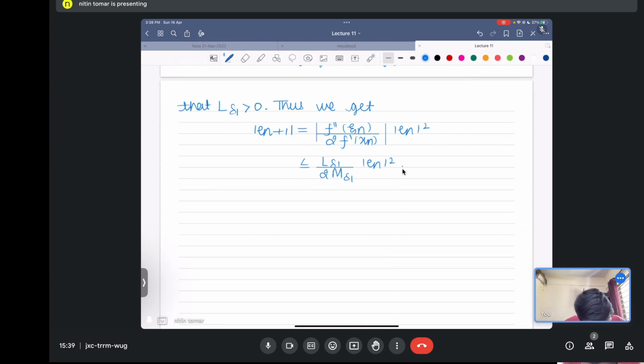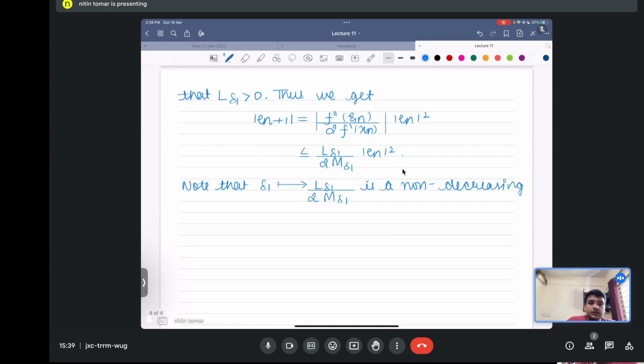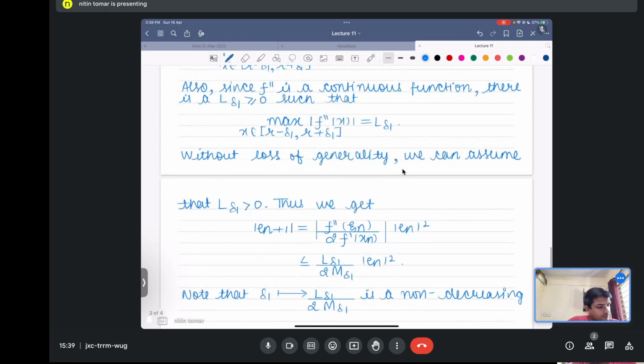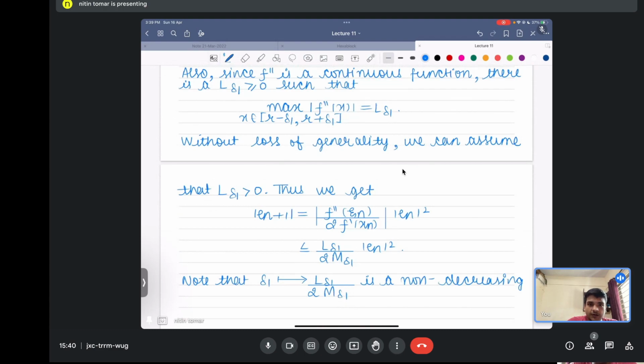So by choosing, you just note that delta 1 goes to L delta 1 by 2 times m delta 1 is an increasing, that is non-decreasing function of delta 1. Because if you take smaller delta, then your maximum will also be smaller, right?